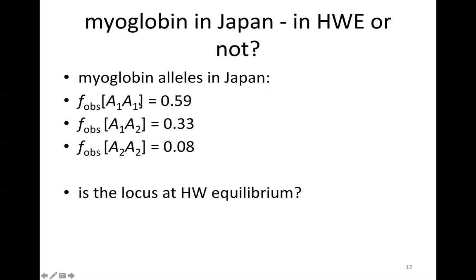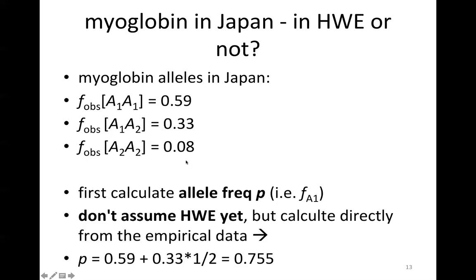So what we should do is calculate allele frequencies using all the data. How do we do that? For instance, the A1 frequency will be the frequency of A1, A1 homozygotes and half the A1, A2 heterozygotes. That gives us a frequency of 0.755.